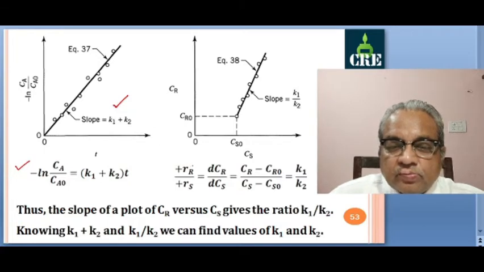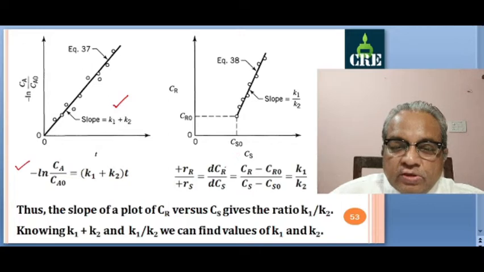So for this, what I can do is take a ratio of rate of formation of R to rate of formation of S. That is dCr by dt divided by dCs by dt. dt will cancel out. dCr by dCs I can write as Cr minus Cr0 over Cs minus Cs0.